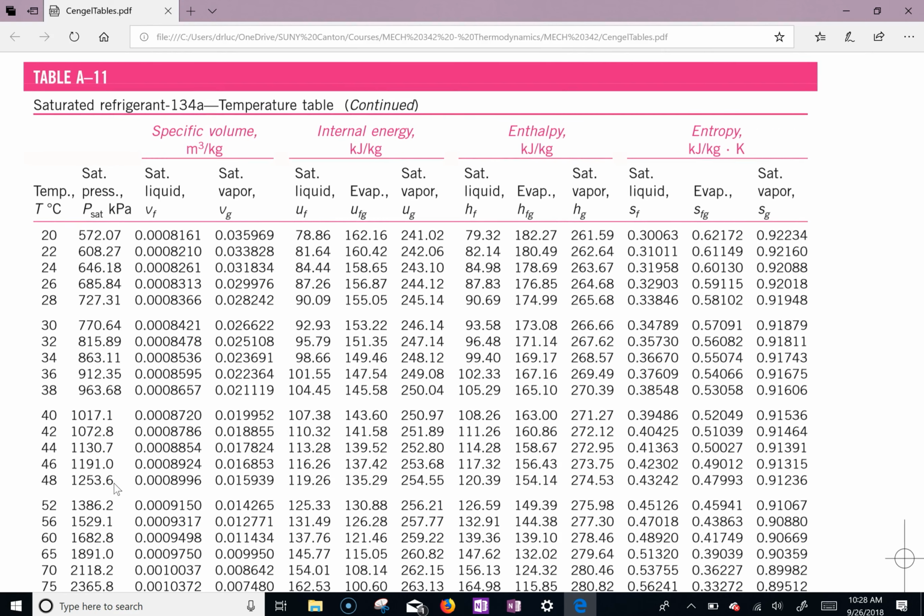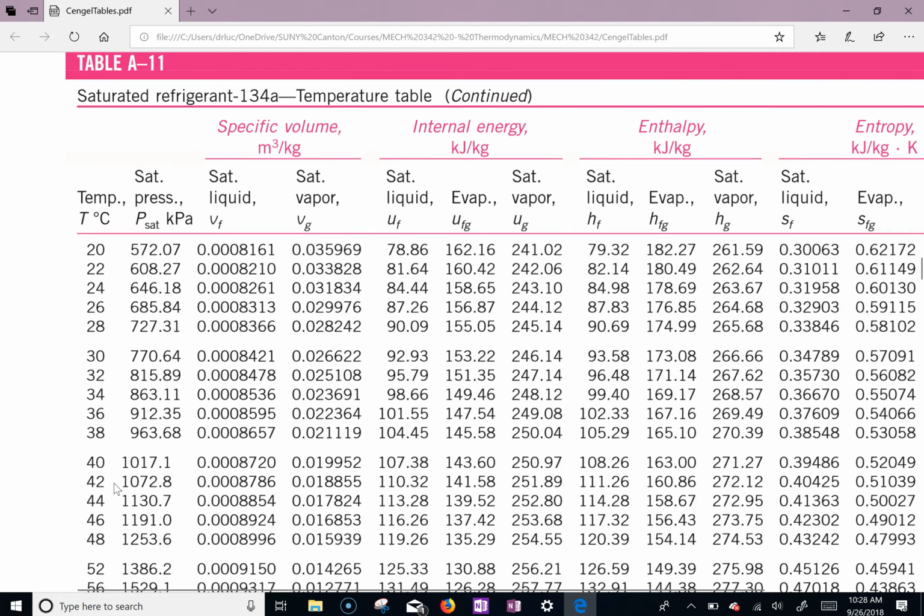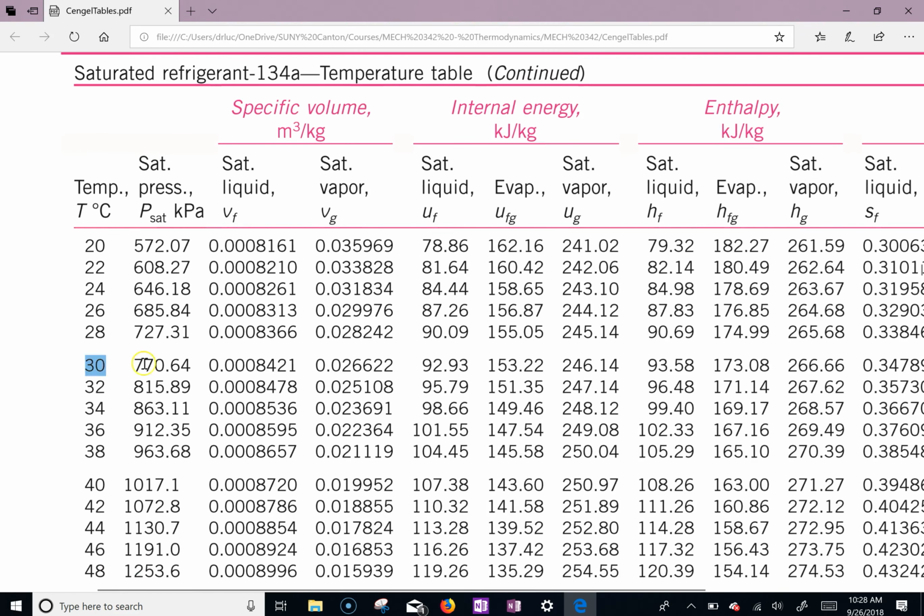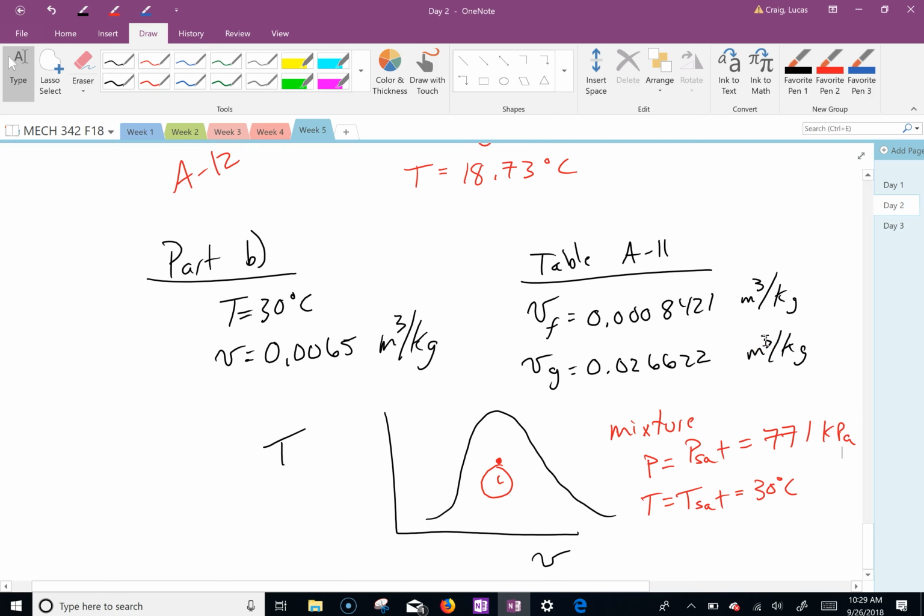Over here, temperature's 30, and our P sat is 771. Okay? And let me highlight that so I can zoom in even more. So the highlighted region, our P is our P sat, 771, and we compared our V with VF and VG. And we found that it's in between. Cool. Questions?